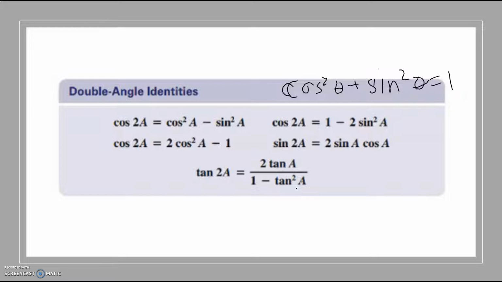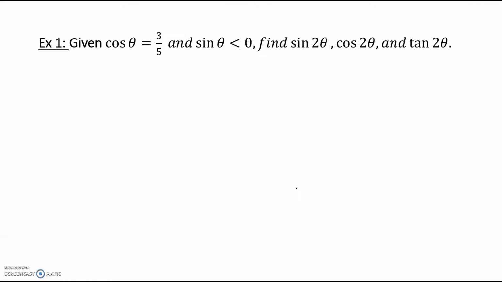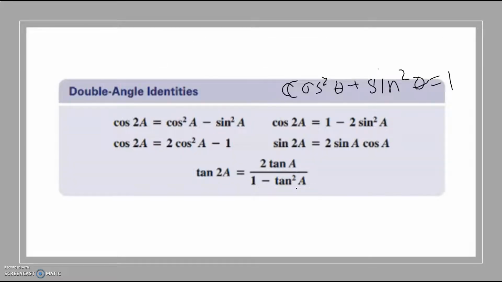And so we're just going to look at how you use these. So first example, we're given that cosine of theta is equal to 3/5 and sine of theta is less than 0. And so we want to find sine of 2 theta, cosine of 2 theta, and tangent of 2 theta, okay? One way we can find these is we first need to know sine, because sine of 2 theta and cosine of 2 theta both involve sine and cosine.